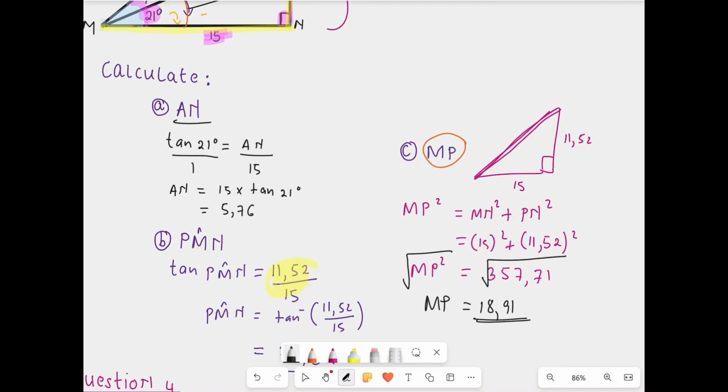Here you can even use ratios. Remember, we do have this angle here as 37,52. So you can use ratios to calculate MP, but even Pythagoras theorem will work because you do have two sides. So only one side is missing in a right-angled triangle.